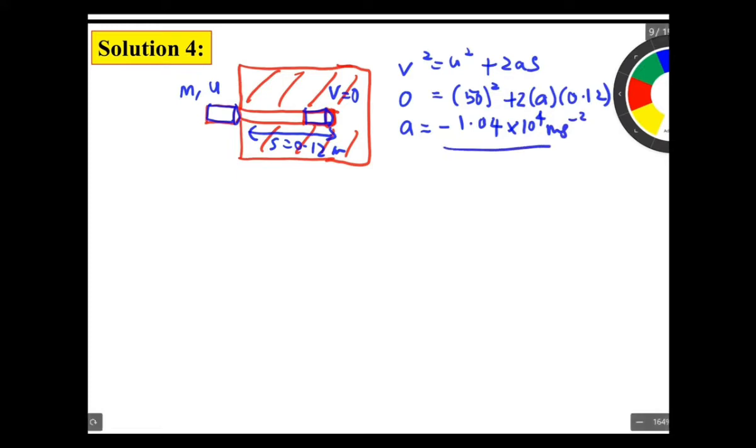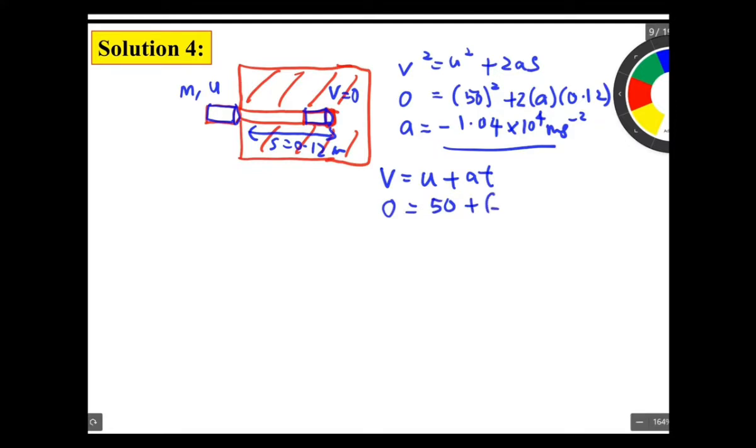Okay, so kita dapat A. Kenapa negatif? Deceleration. Okay, belum menjawab soalan sebab soalan pertama dia nak time. So time is, kita akan guna formula ada time lah. Yang paling mudah, V is equal to U plus AT. Okay, V kita adalah 0. U kita adalah 50 meter per second.